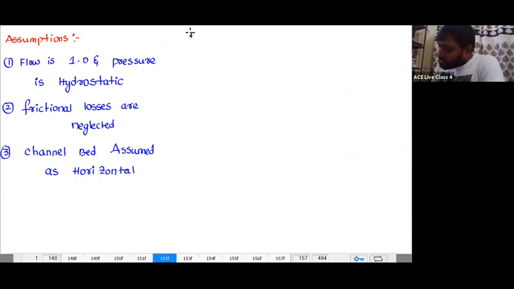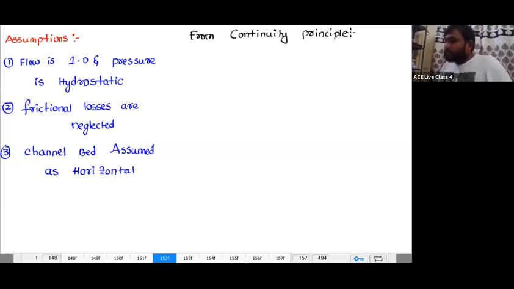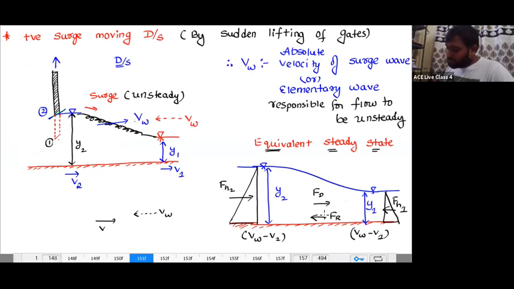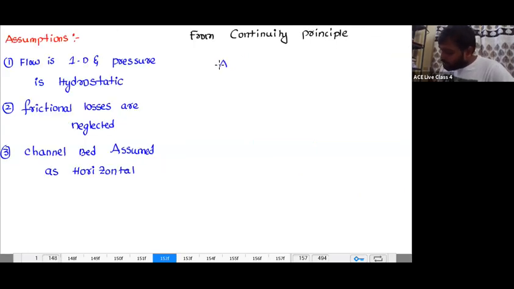So now from the continuity principle, you know that Q is nothing but A1 V1 equals A2 V2. So now here A1 into VW minus V1 is equal to A2 into VW minus V2.